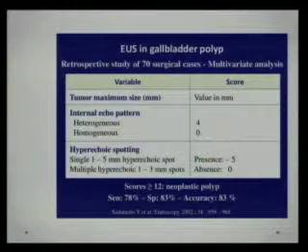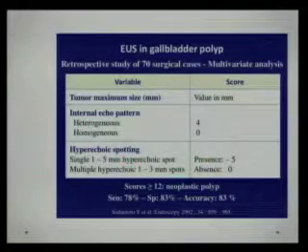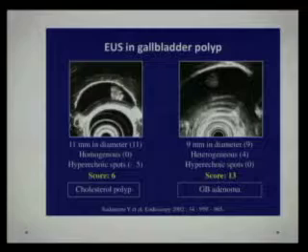All right. Now, this was just a study, and we don't necessarily have to discuss that, but they did evaluate multiple gallbladder polyps with endoscopic ultrasound, and this is what they saw. They said that the internal echo pattern was heterogeneous in 4 and homogeneous in 0, and it was hyperechoic spotting in 1 to 5 millimeters, and I'll show you the image and you will see what I'm saying.